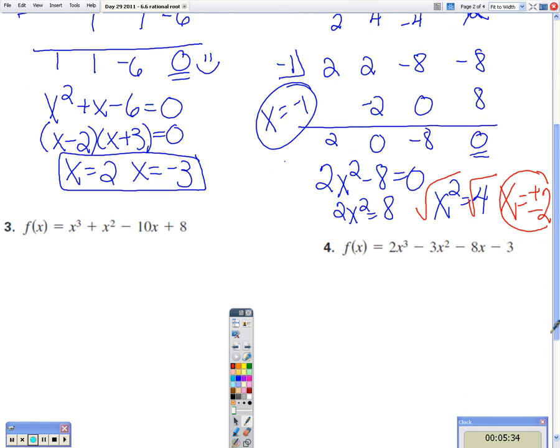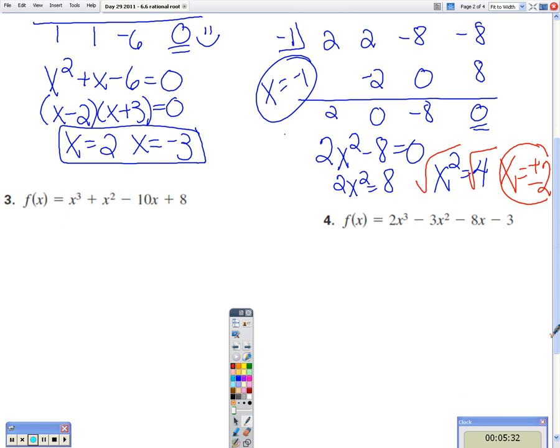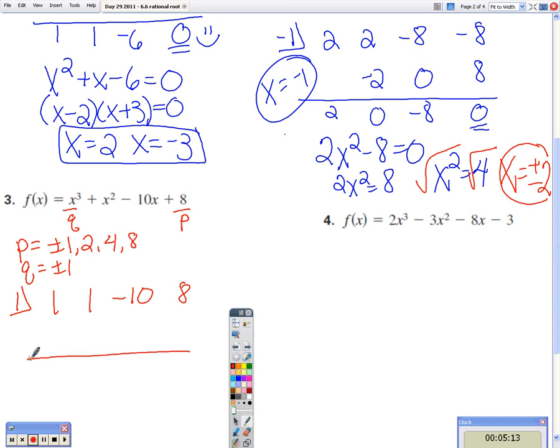Okay, for number 3, all my choices for p are 1, 2, 4, and 8 again. Choices for q are just 1. I'm going to start with 1. Just go through my synthetic division.